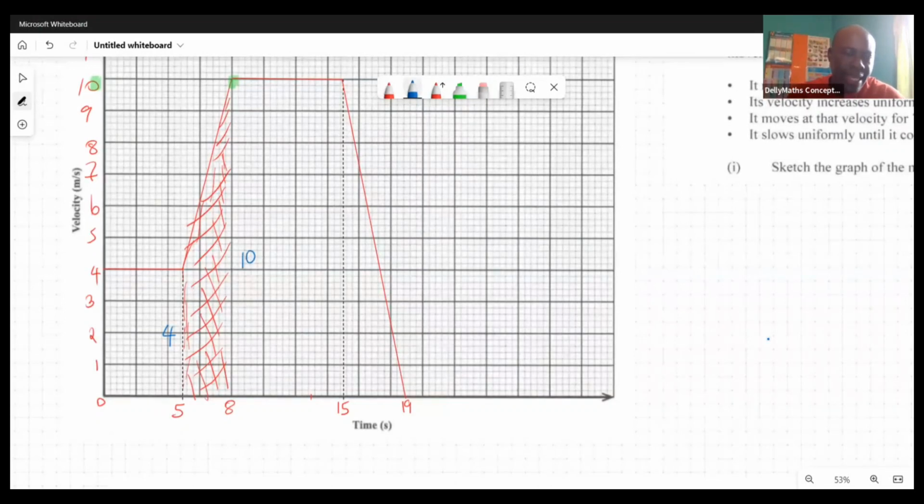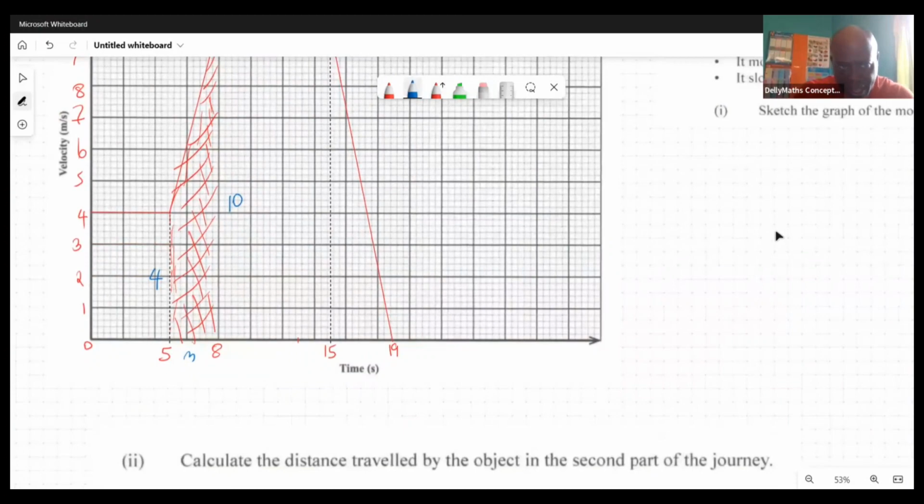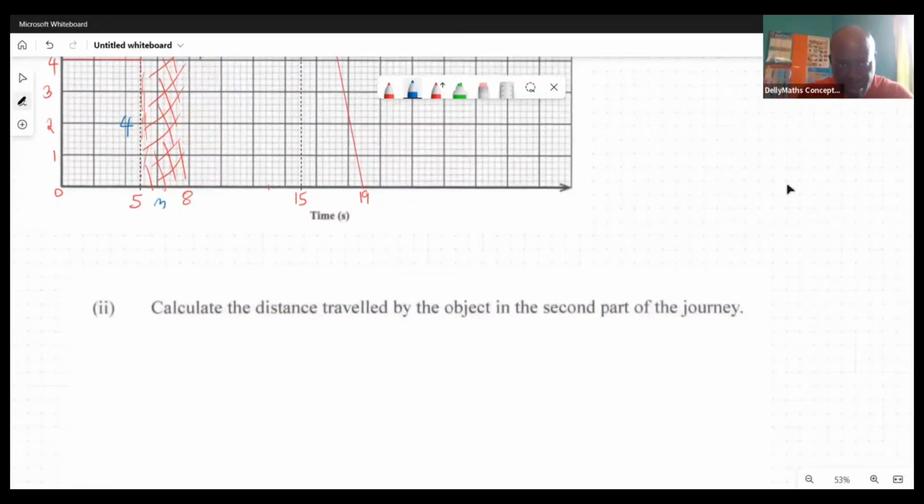Those are the two parallel sides, and then the height is 3 right there. Right? So basically, half the sum of the parallel sides times the height should give us that. So we want to find the area of that shape, and it is a trapezium.